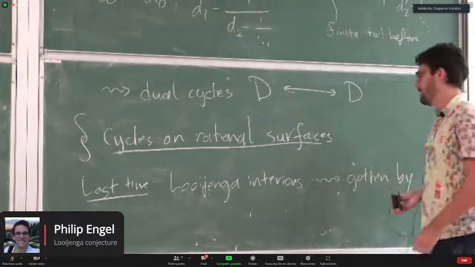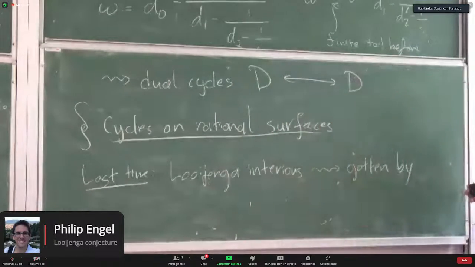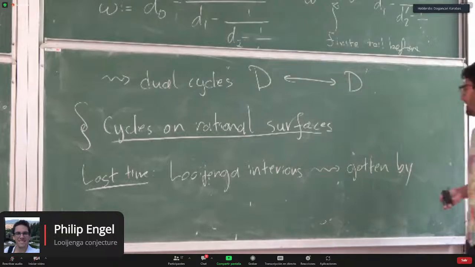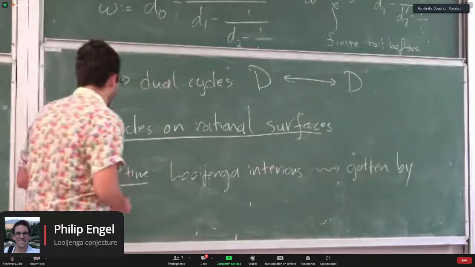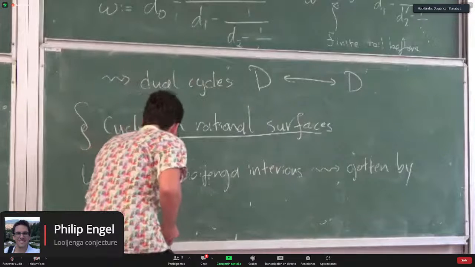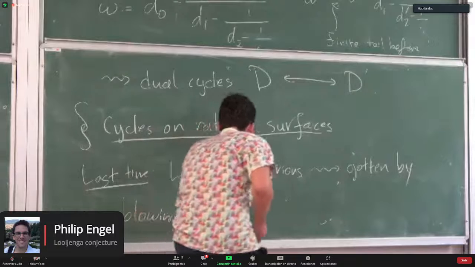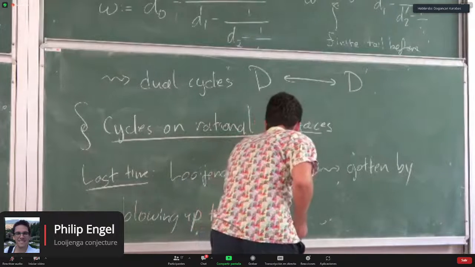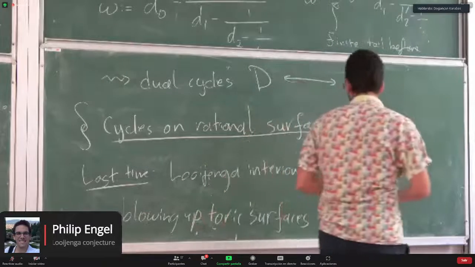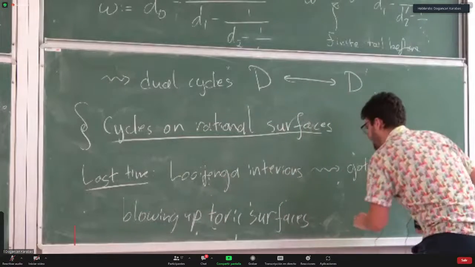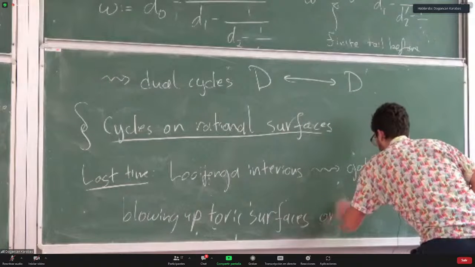Well, there's the definition, which is that it's the complement of an anti-canonical cycle on a rational surface. But how are they explicitly gotten? They're gotten by blowing up toric surfaces on the toric boundary.